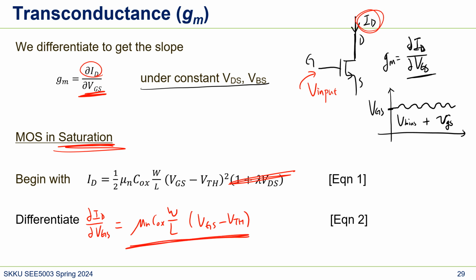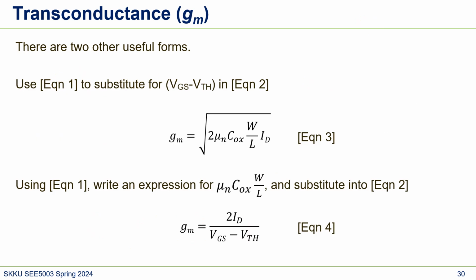But there are multiple other forms that represent this GM. Let's look at this in the next slides. For transconductance, the one form that we had was GM equals delta ID over delta VGS, which is mu n COX W over L times VGS minus VTH.